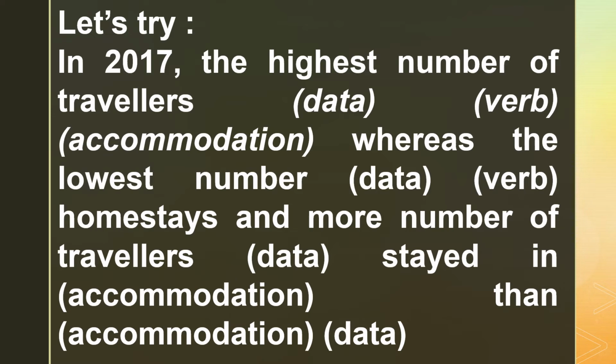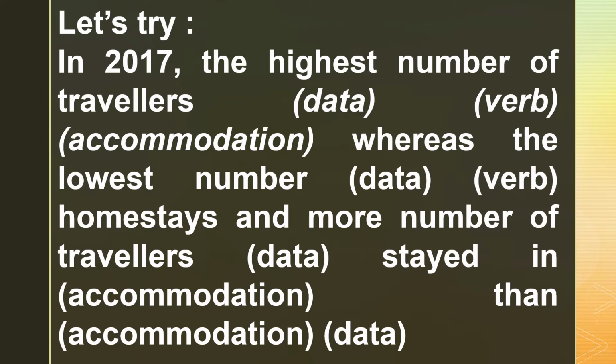Put in the data, put in the correct verb, where is the accommodation, and then you compare with the lowest number, data, verb, and then we show you the homestays, and then more number of travelers, data, stayed in, what is the accommodation, and you compare with another accommodation and the data, right?